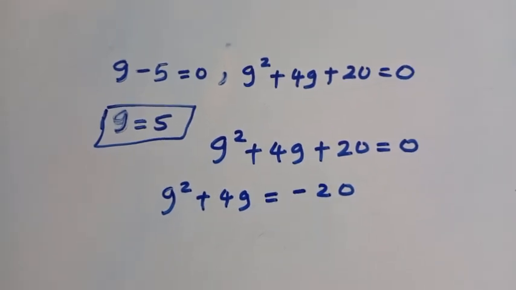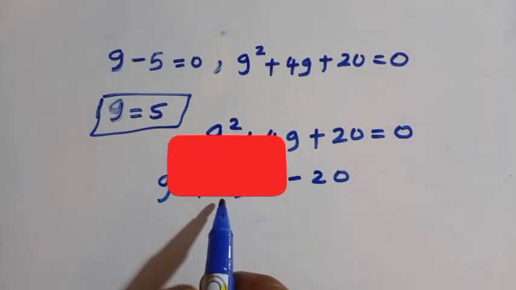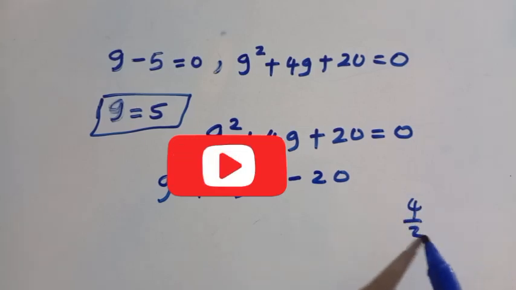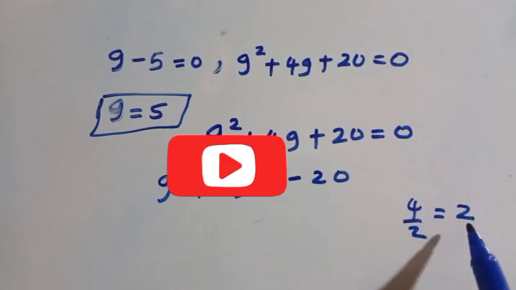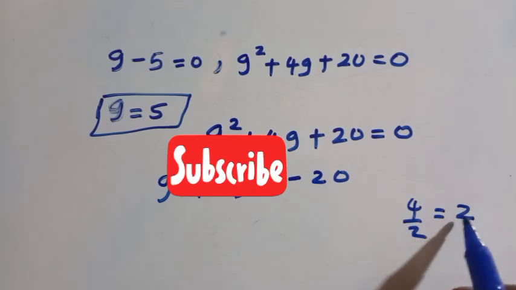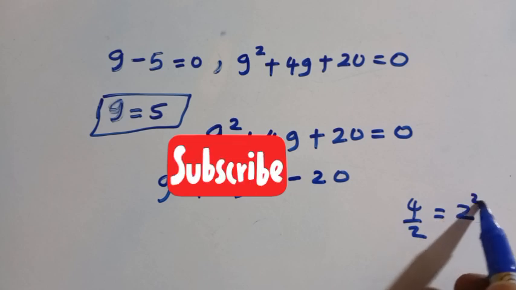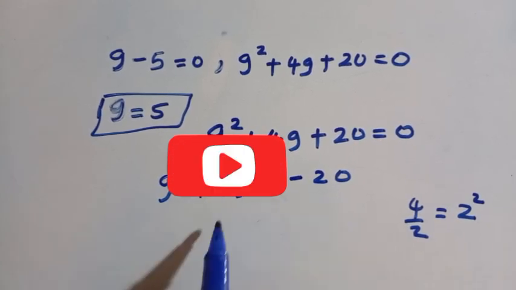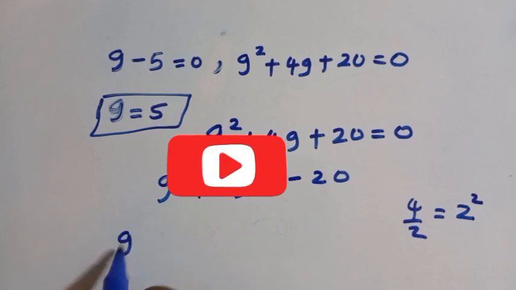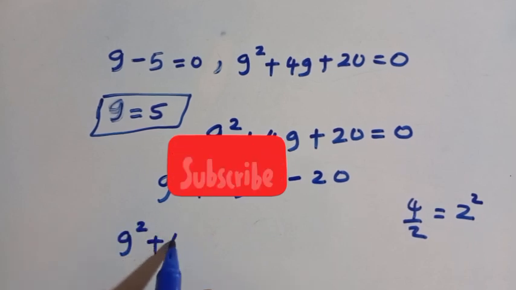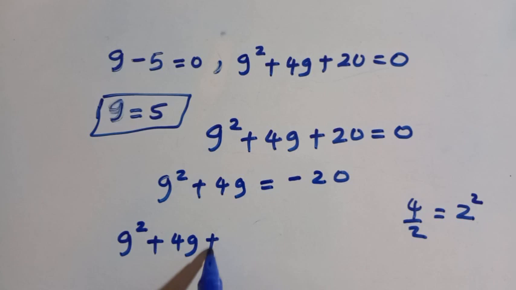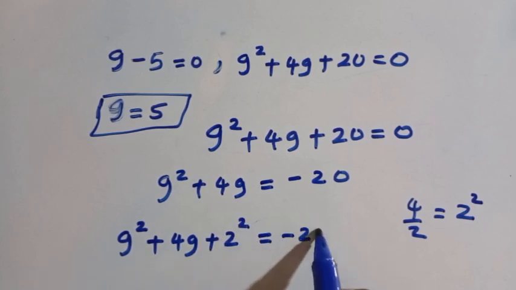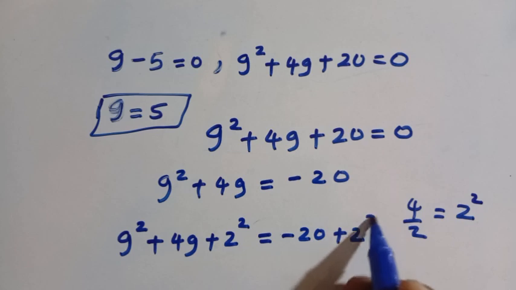Then we have 4, which we can divide by 2. That gives us 2. Then let's raise this 2 to the power of 2, so we have 2 squared. And let's add this 2 squared to both sides. We have g squared plus 4g plus 2 squared equals minus 20 plus 2 squared.